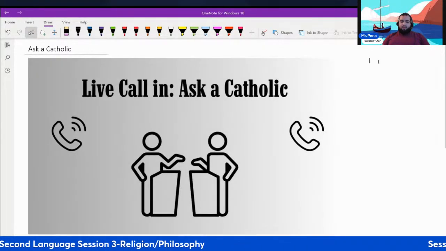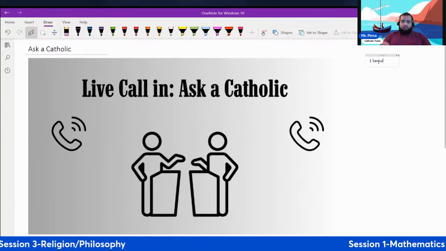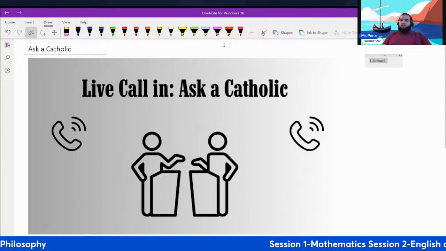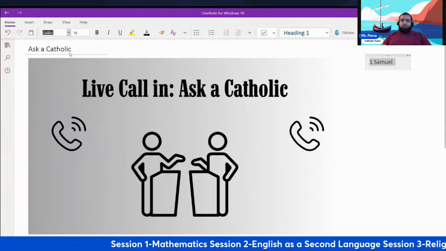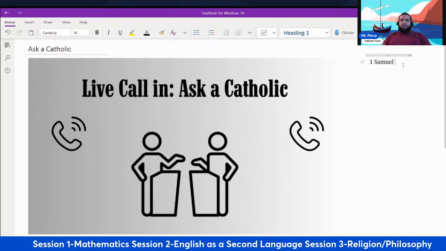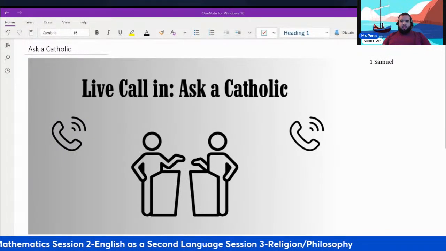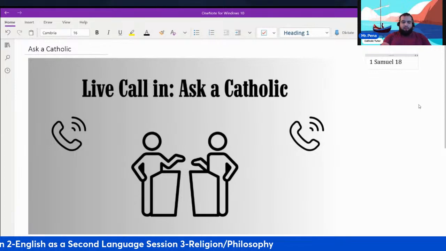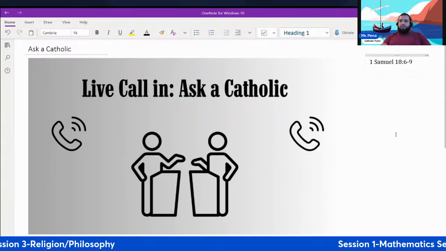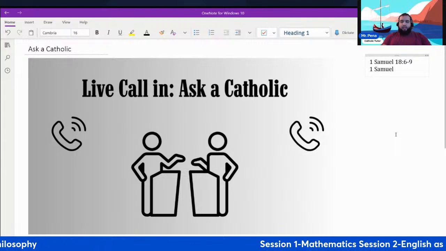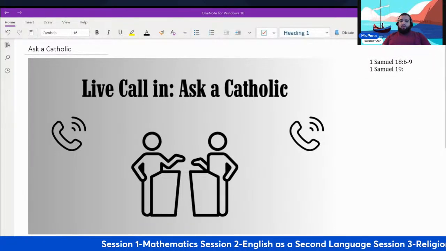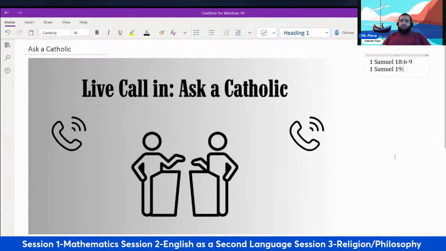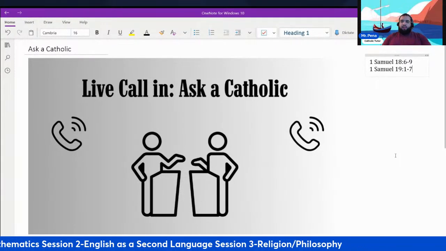So let me just go ahead and write it here. We're going to be going over scripture based on today's daily readings. Again, 1 Samuel 18, chapter 6 through 9. If you have those passages, feel free to get your Bible and open it up. Oh, and chapter 19, verses 1 through 7.